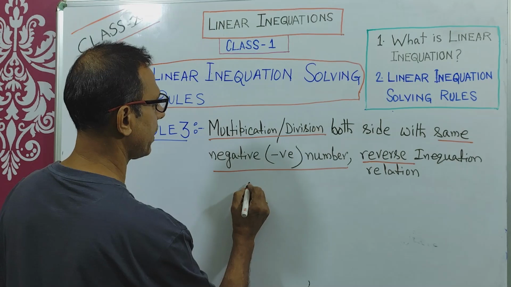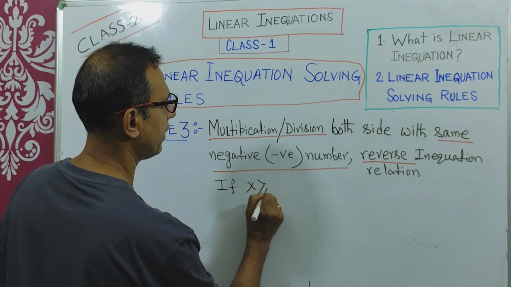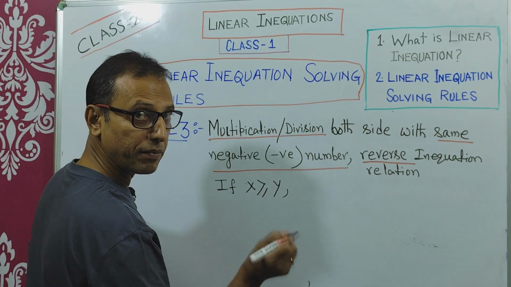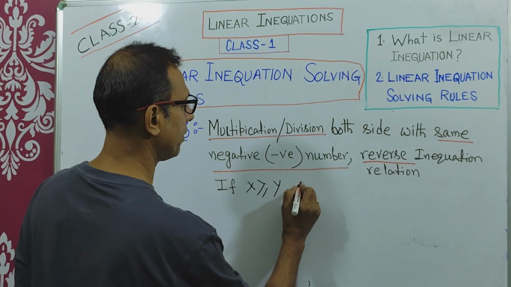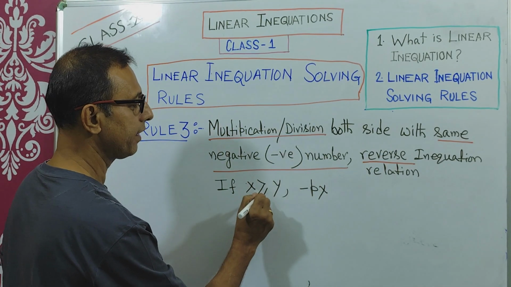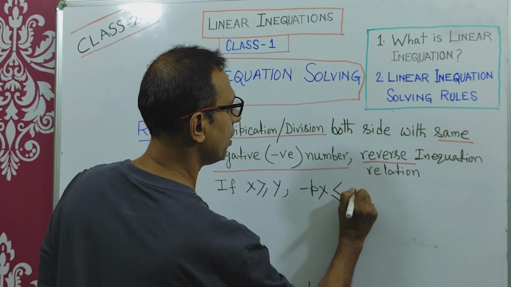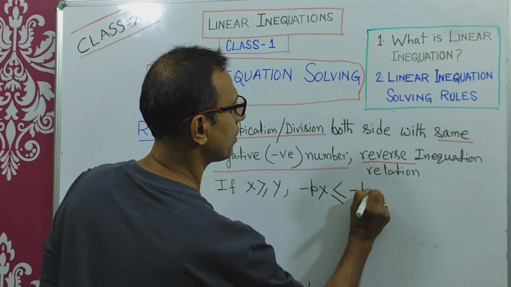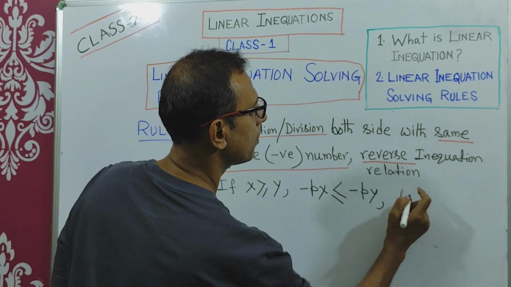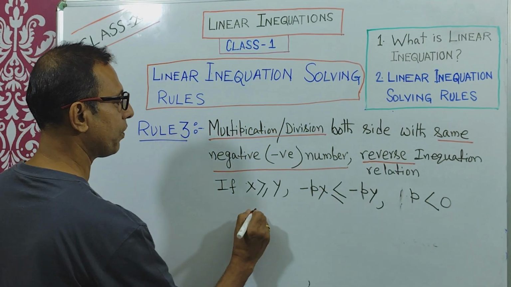That means, let's say, if x is greater than or equal to y, for multiplication by the same negative number, it is minus px. Here the sign gets reversed. So greater than or equal to will change to less than or equal to minus py, where p is less than 0. Same thing for division.